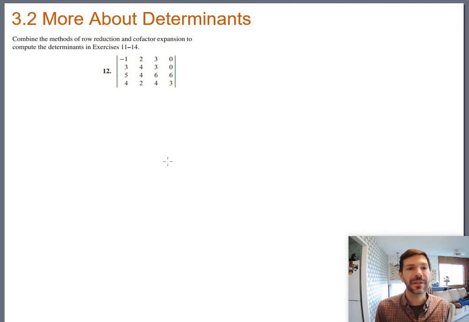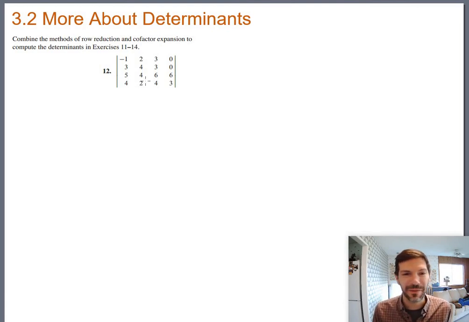So 11 through 14 say combine row reduction and cofactor expansion to find the determinant. So basically what they're telling you here is be as efficient as you can. Save yourself as much pain as you can.